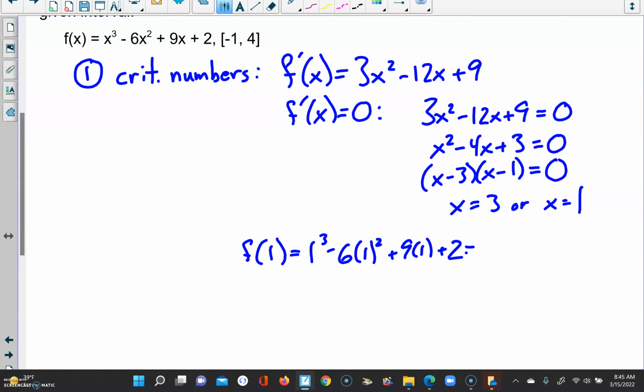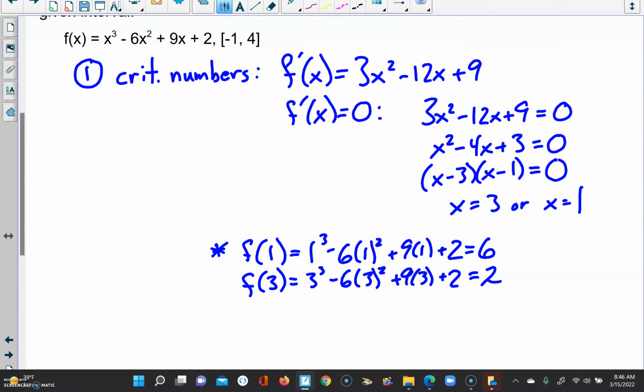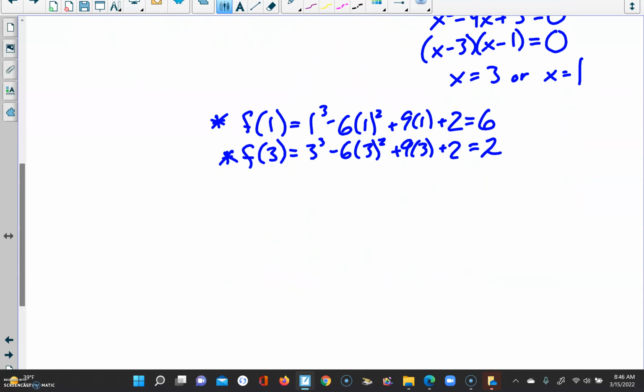You work that all out, you get a value of 6. Do the same thing with 3. So you get 3 cubed minus 6 times 3 squared plus 9 times 3, and then plus 2. We work that all out, you get 2. So right here we've got 2 candidates for our absolute max, absolute min.